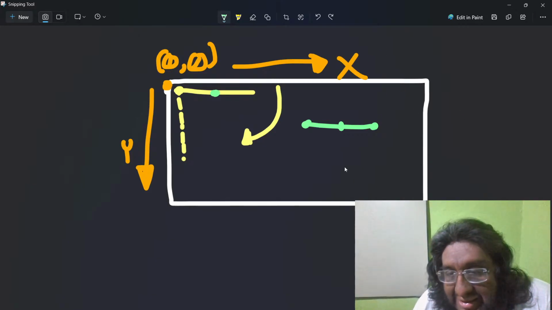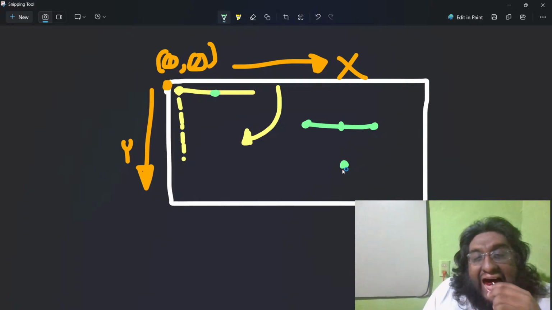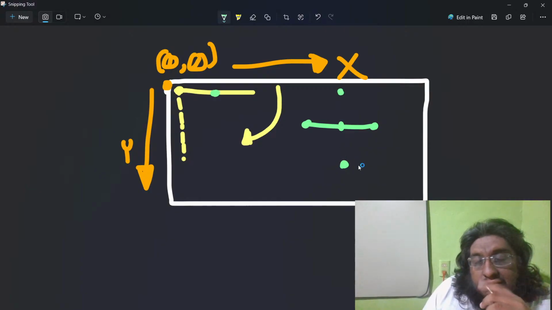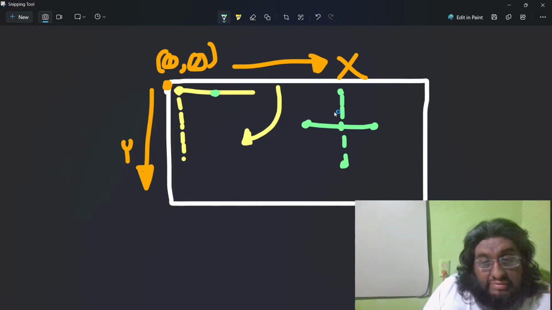X is this. So 90 degrees will be here. As unbelievable as you think. So we need to compute this point in order to do some line from here to here. This is quite a thing.